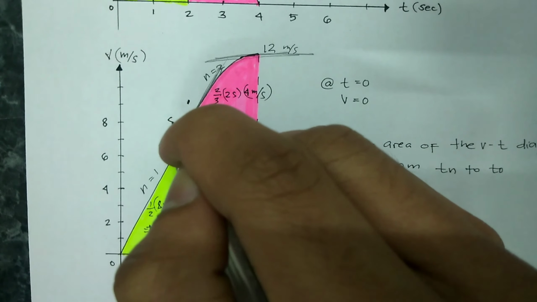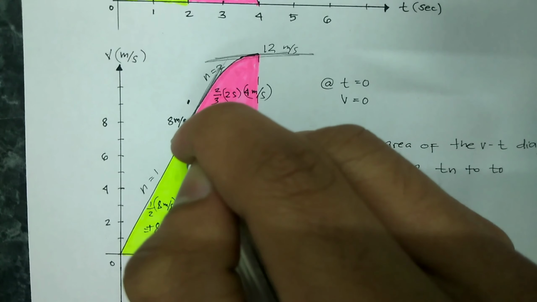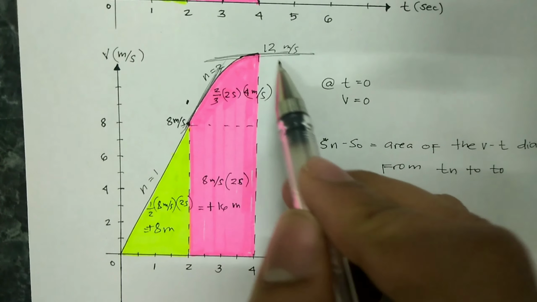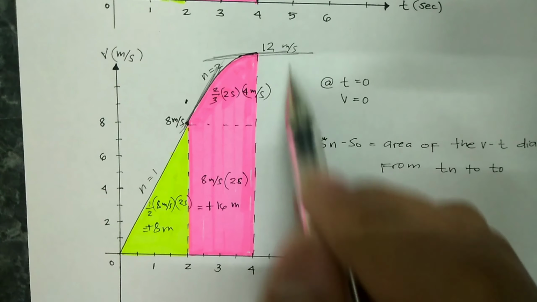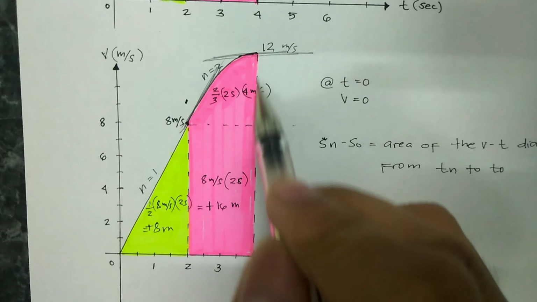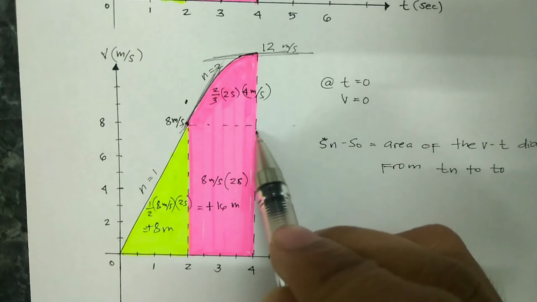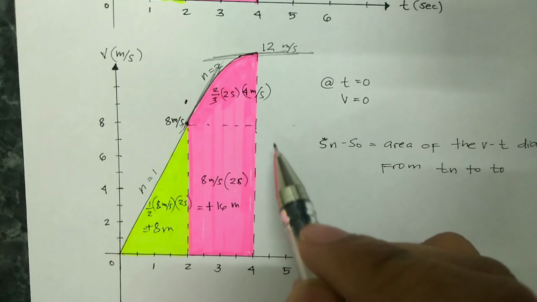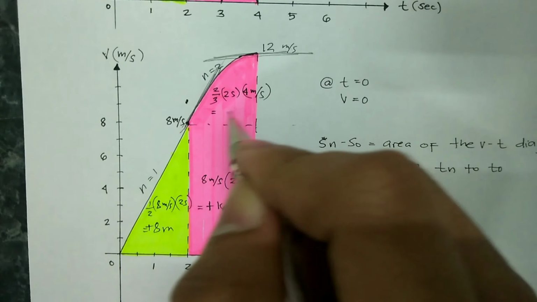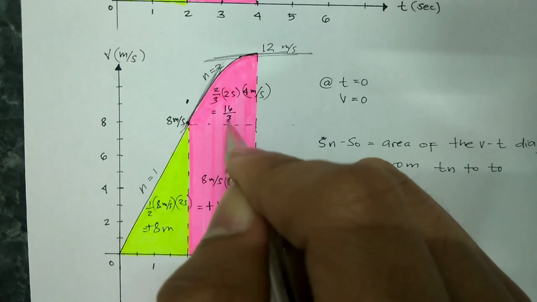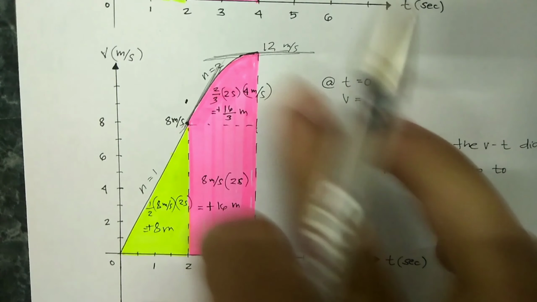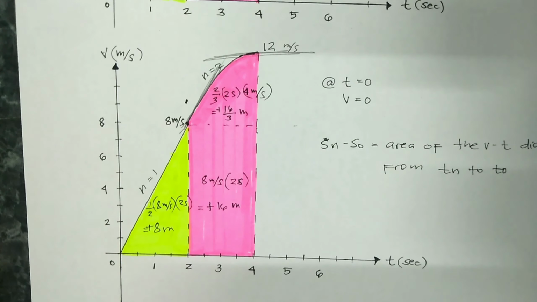Why is that 4? Because this is 8 meters per second for the velocity, and this is 12. The length of this line is equal to the difference between 12 and 8, that is 4 meters per second. So this is equal to 16/3 of a meter, positive, because that is in the positive plane.